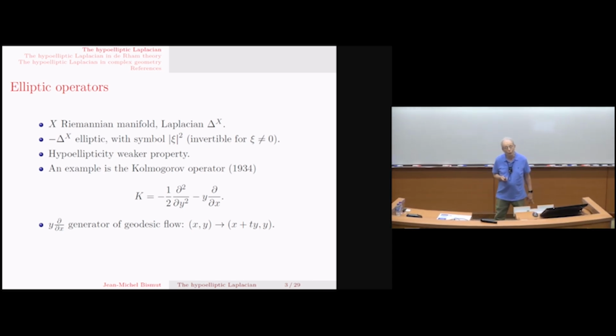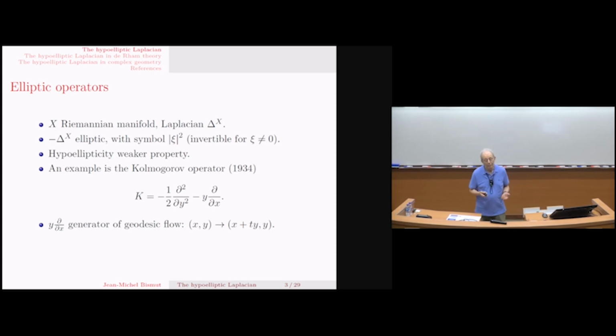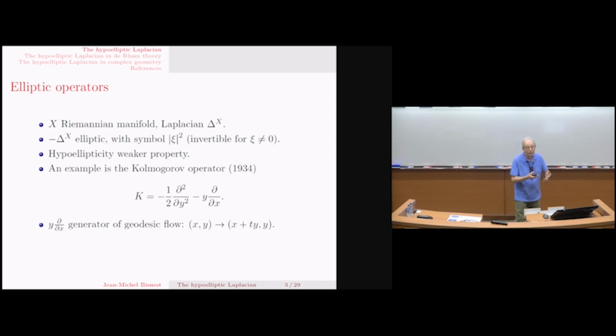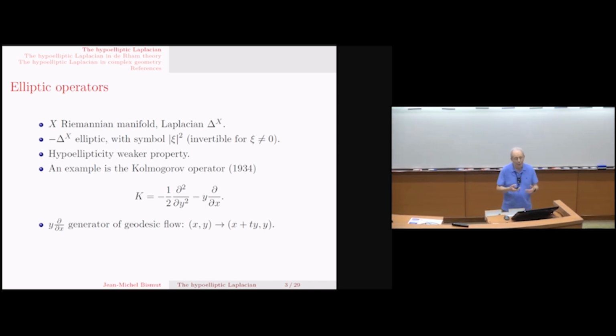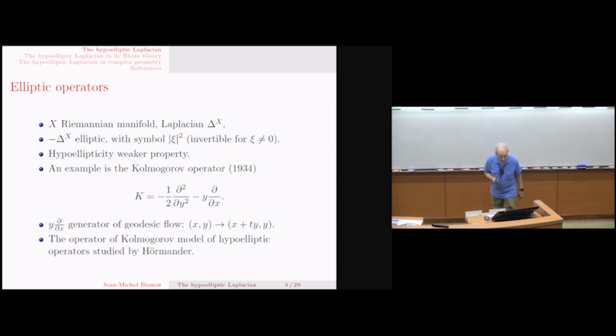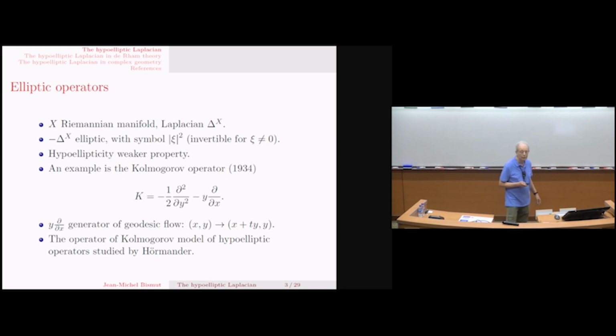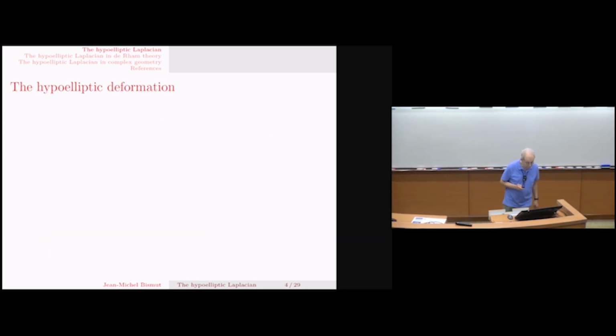Certainly Kolmogorov was not seeing it this way, but we will recognize it this way. So this operator is already the shadow of the hypoelliptic Laplacian appearing in the literature. And actually, the operator of Kolmogorov is a model of hypoelliptic operators studied by Hörmander. So it verifies the assumptions in a celebrated paper.